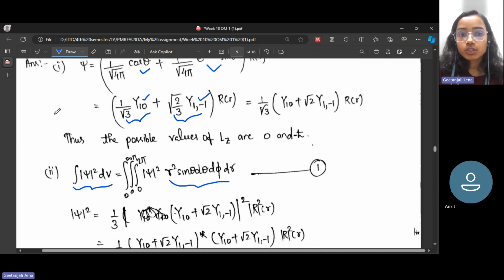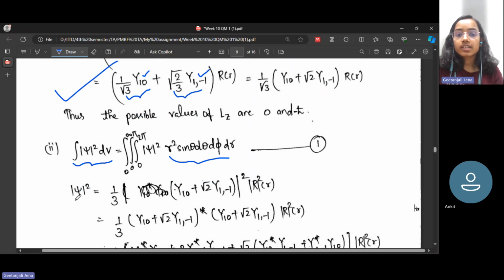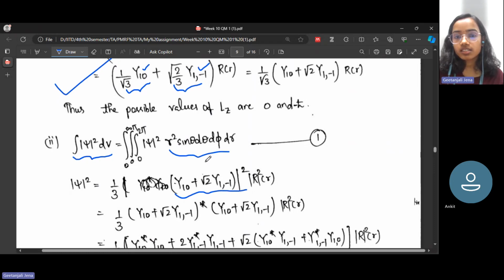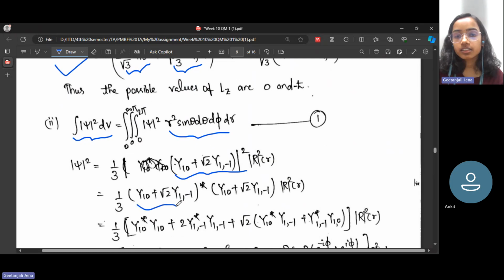So now use this expression of psi and find the value of psi square. Psi square is nothing but 1 by 3 the spherical harmonic square multiplied by r square. In the second line, you take the complex conjugate of this spherical harmonics multiplied by r square.